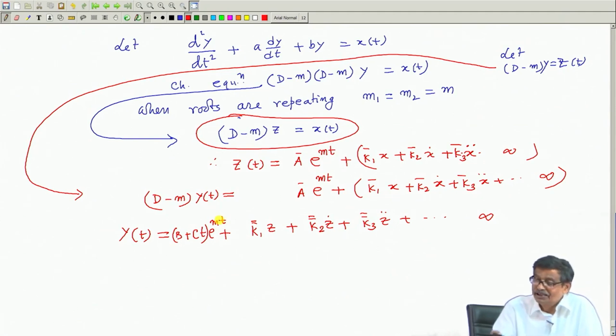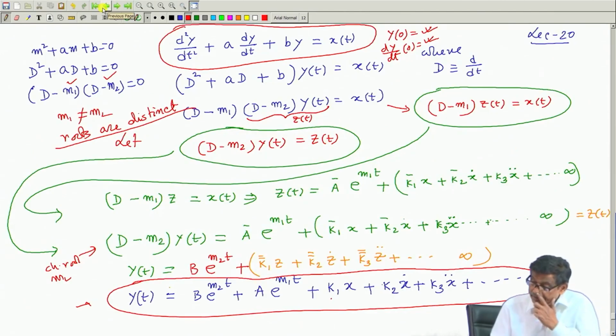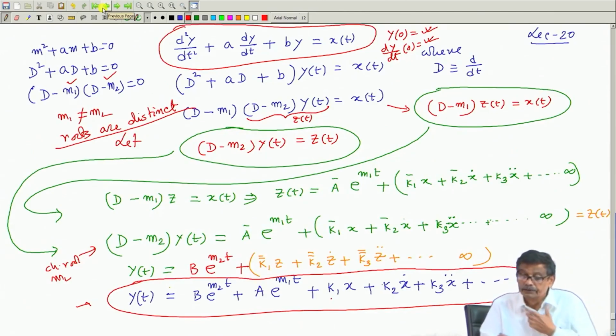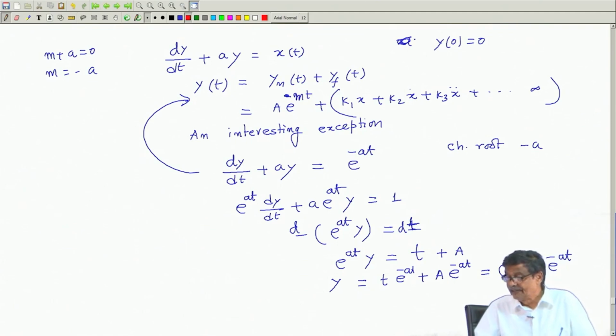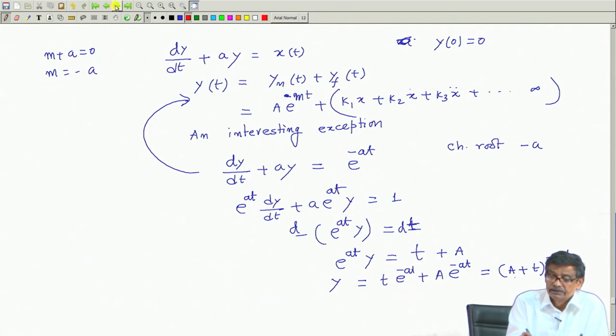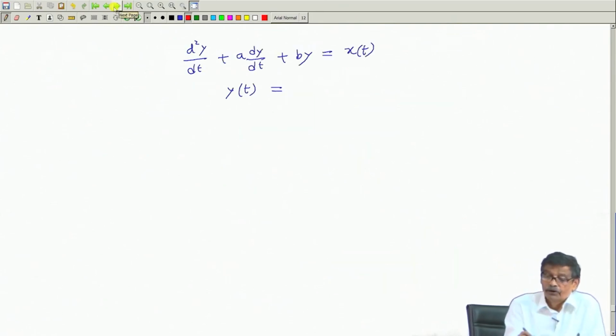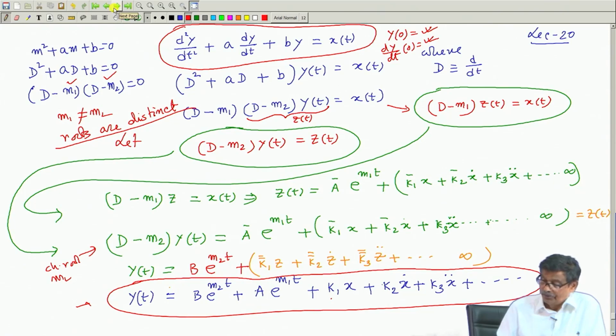Because we have seen earlier, if on the right hand side there is an excitation e to the power m t and the characteristic root is also e to the power m t, then the solution will be like this in a first order system: A plus some constant into t. Why has the constant not come here? Because you chose 1. It may be k into e to the power minus a t. Is it not? Therefore, this is the point to be noted.